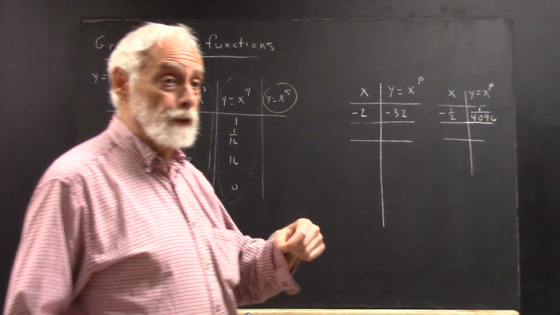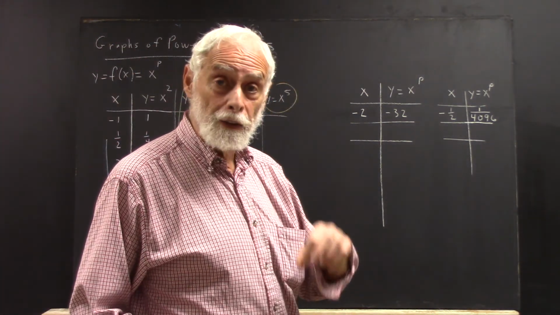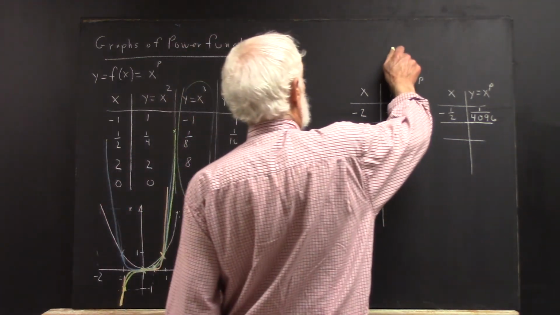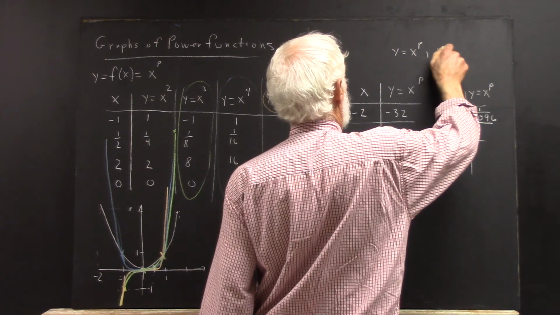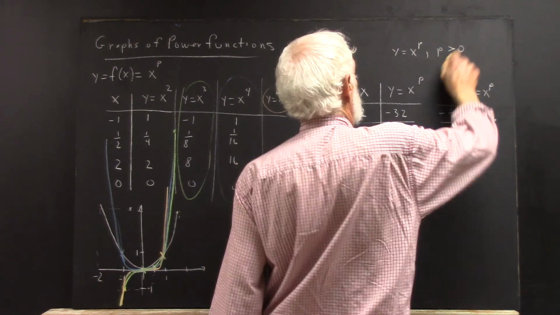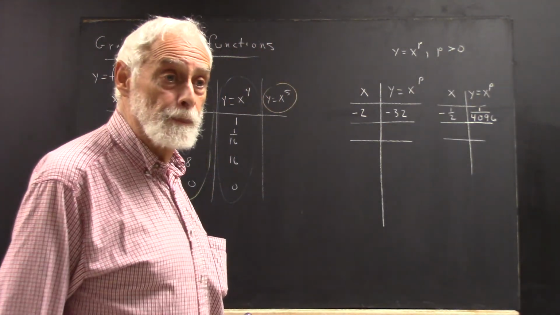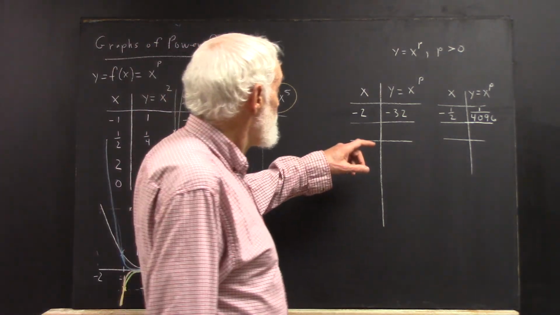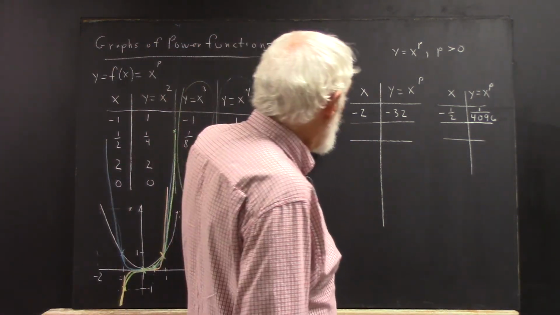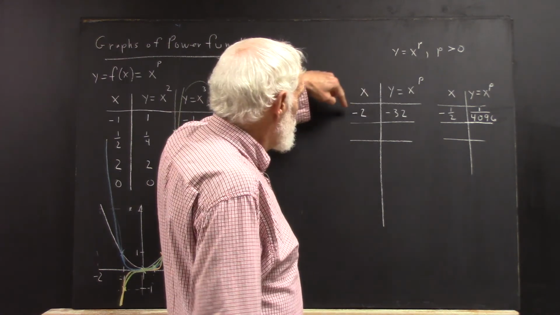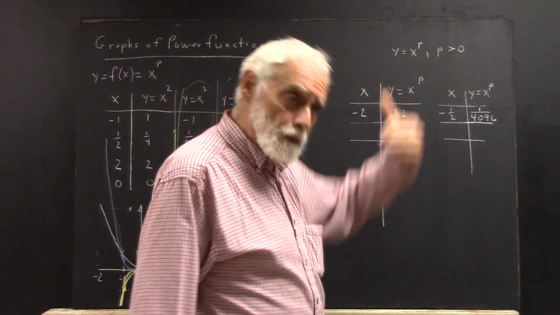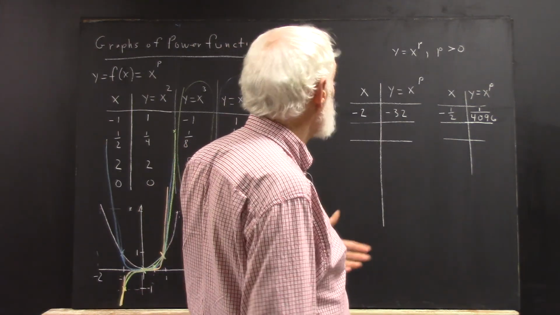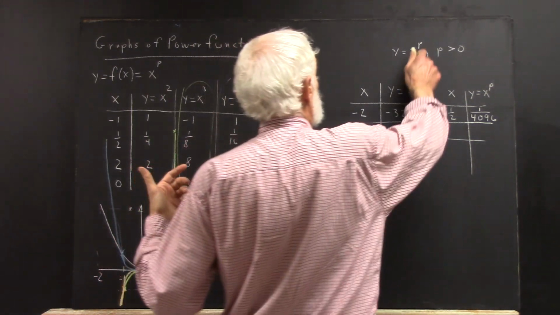We know that when x equals 0, if p is a positive number, so let's make sure we understand that, p is a positive number. Just knowing that the value of the power function at -2 is -32 will allow us to determine all the rest of the values.